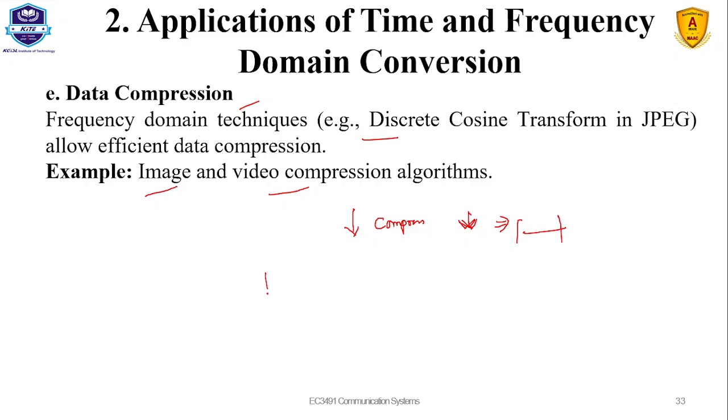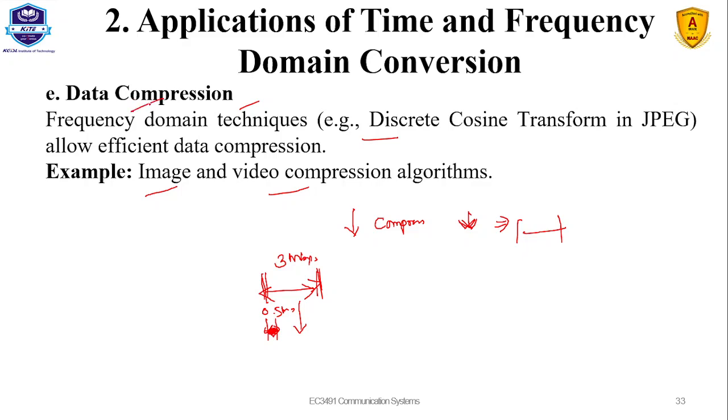So instead of one image occupying this much size, for example 3 Mbps, if it is saved in just 0.5 Mbps, then you can see the same picture without losing quality, just saving the space.